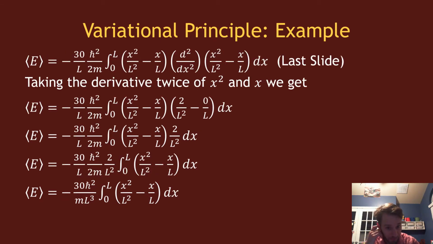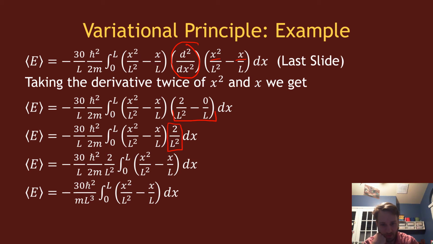So to simplify that integral, first what I will do is apply this second derivative to x squared and x. Second derivative of x is just equal to 0. Second derivative of x squared is just equal to 2. And so this simplifies down here to just 2L squared.